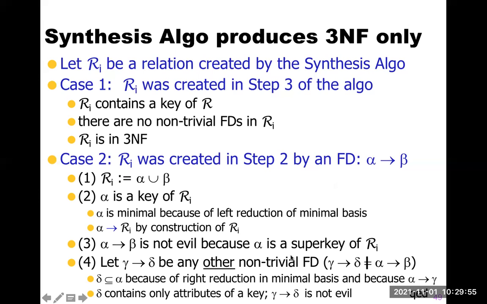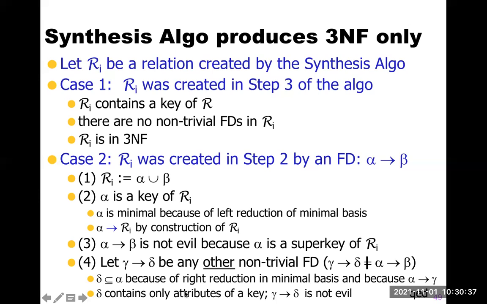Due to the minimal basis computation algorithm, delta needs to belong to alpha due to right reduction, since we removed anything else from the right part in the minimal basis calculation. So delta contains only attributes of a key. We know that alpha is a key and delta is a subset.